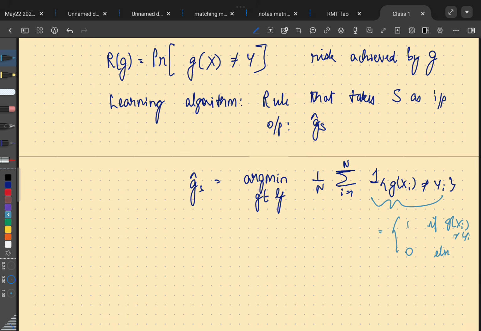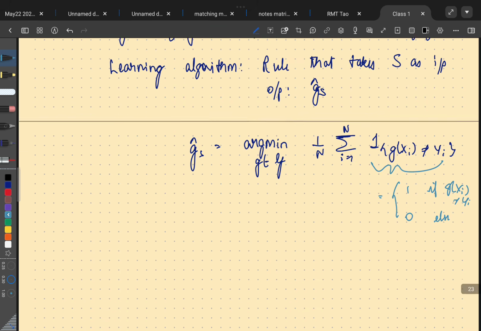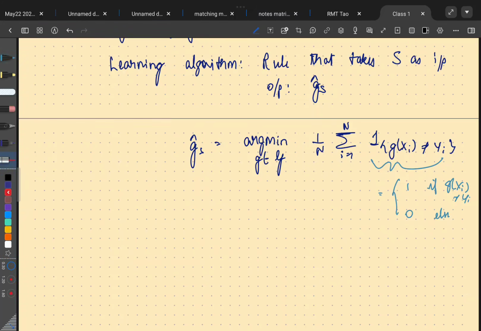That's the indicator variable, which is equal to 1 if this happens, and equal to 0 if this does not happen. And this particular algorithm is called the empirical risk minimizer.